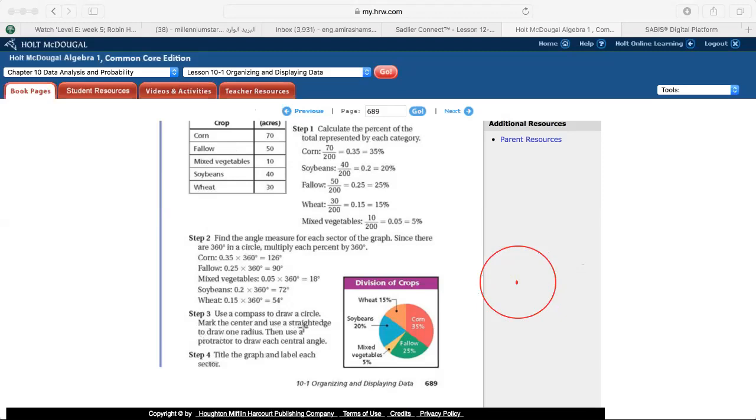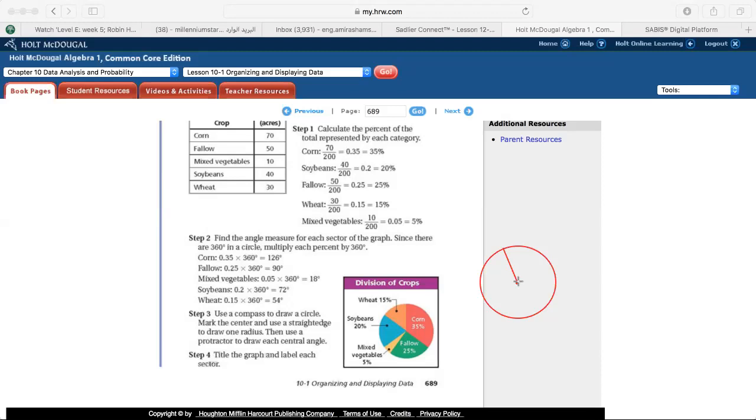Then use a straight edge, use the ruler to draw one radius, like this one. This is the radius. Then use a protractor to draw each central angle.